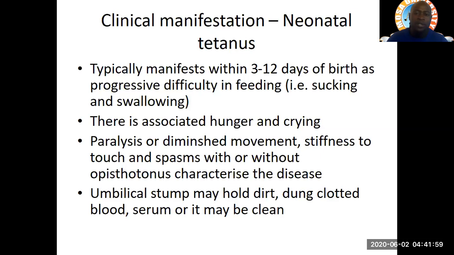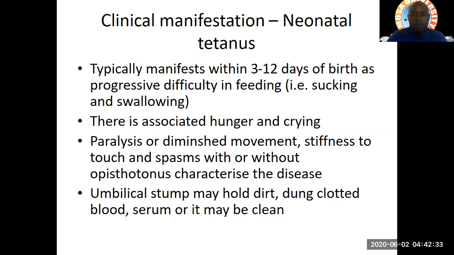They will progress with hunger and crying. Also, they will present with paralysis or diminished movement. There will be stiffness to touch and spasms with or without opisthotonus, characteristic of the disease. And remember, if you look at the opisthotonus statue, you will nicely appreciate how this infant will present.